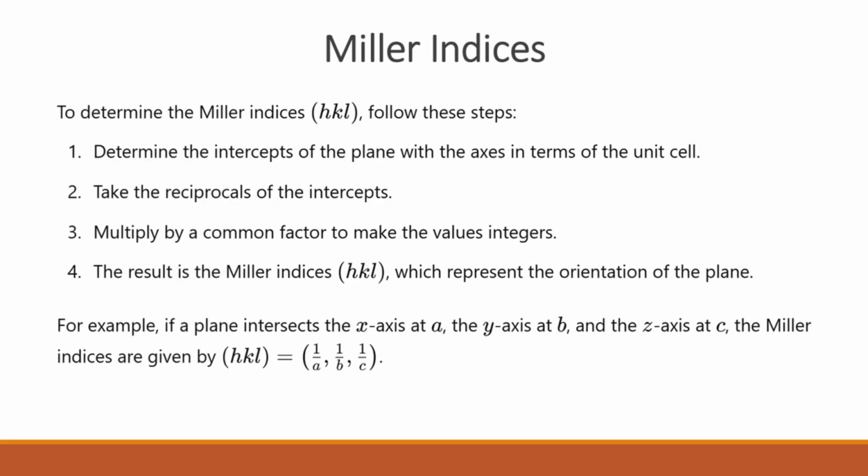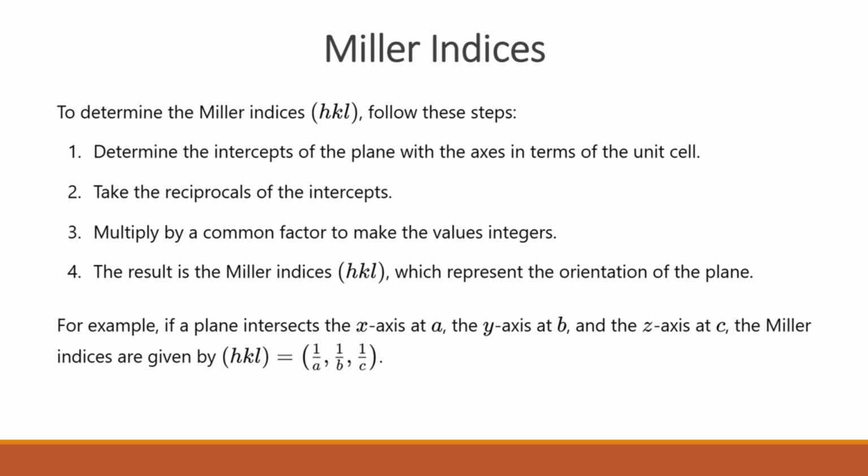Miller indices are the crystal world's coordinate system. They describe the orientation of lattice planes using three numbers, h, k, l. Imagine these as special coordinates that tell us exactly how a plane is positioned within the crystal structure. These indices are derived from the intercepts of planes with the crystal axes.